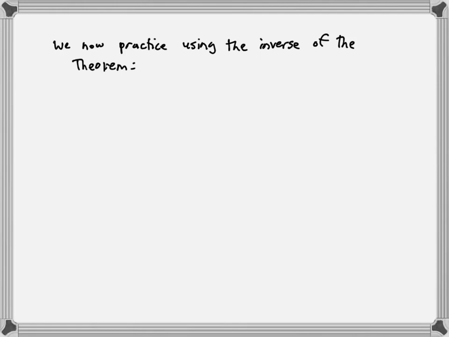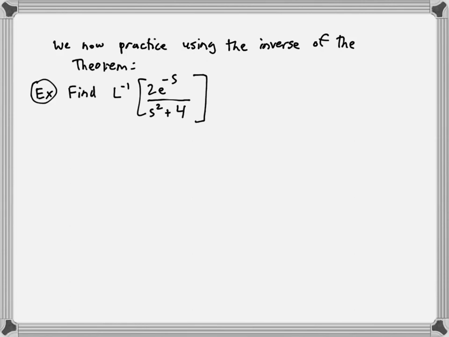Okay, so for this example, we're going to find the Laplace inverse of 2 e to the negative s over s squared plus 4. Now I want you guys to remember what the second shifting theorem says.